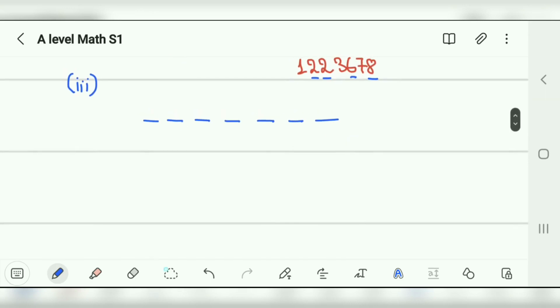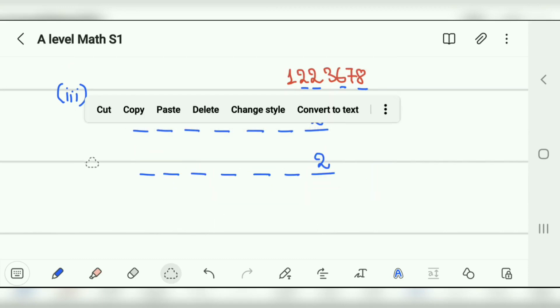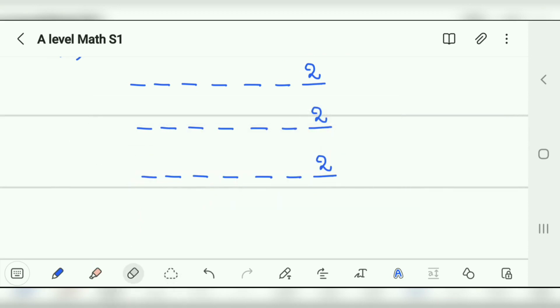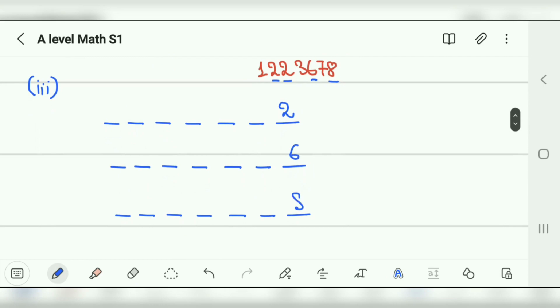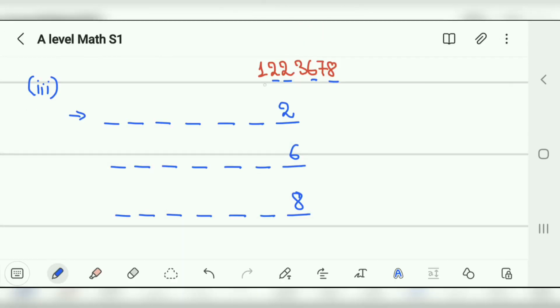Let's put here 2. This could be 6 and this could be 8 in here. So there are 6 numbers remaining.